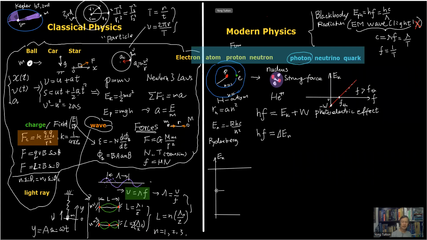Second, third. Have you seen this diagram before? Based on this formula, we can draw this. This is called an energy level.